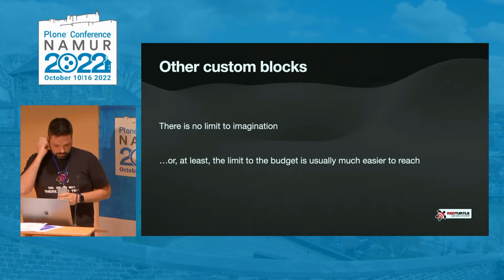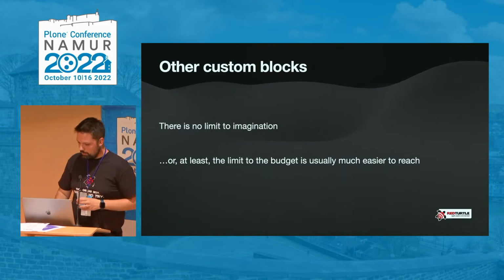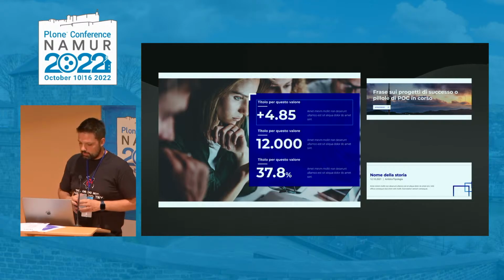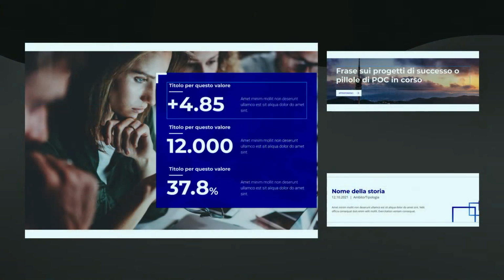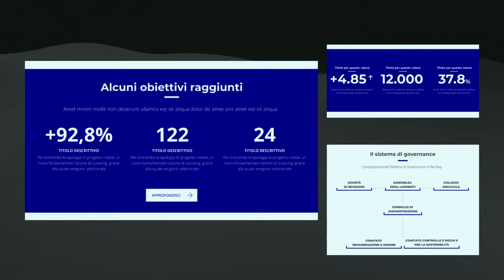So yeah, for example, I have a few custom blocks from this site here, which we found interesting. Some easier, some less easy, but still it's usually just a few widgets and HTML and CSS. So these are some more, just to show that really designers can think of anything and it's good.